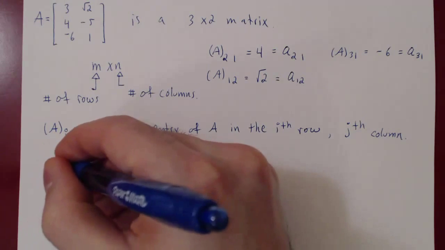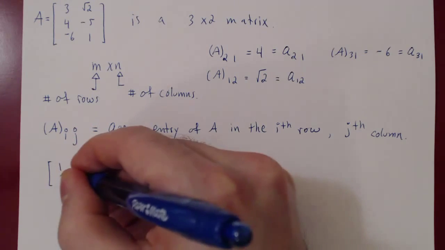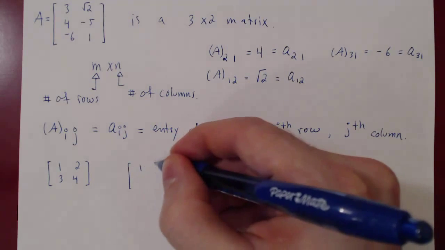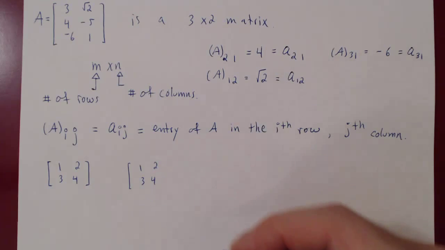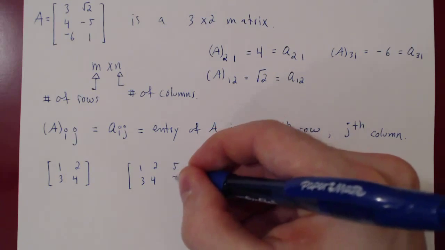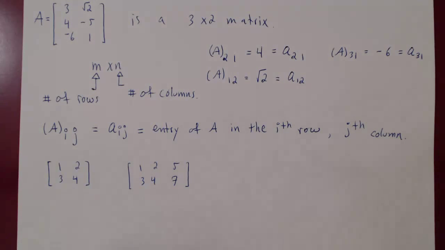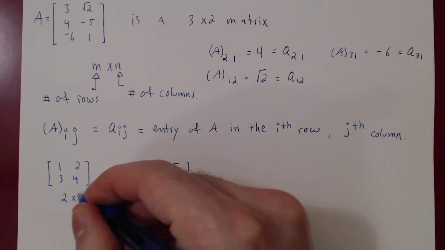Suppose we look at the matrix 1, 2, 3, 4, and the matrix, say, 1, 2, 3, 4, but now let's add a third column, 5, 7. Well, right away, when things are equal, they really are exactly identical. They're the same thing. But here we have a 2 by 2 matrix, 2 rows, 2 columns.